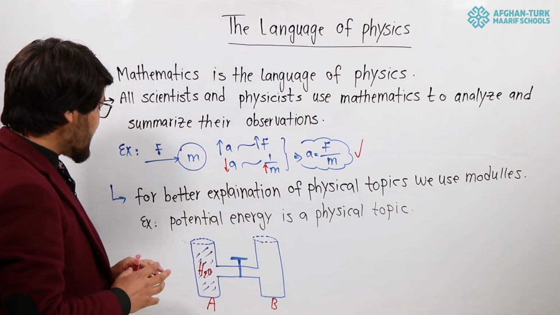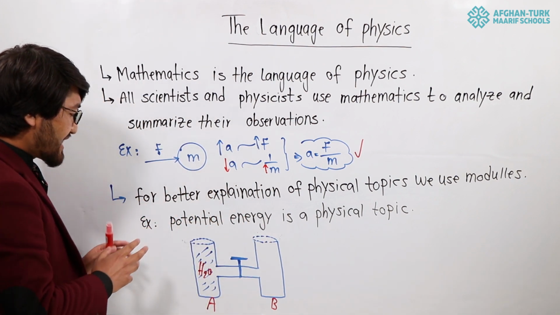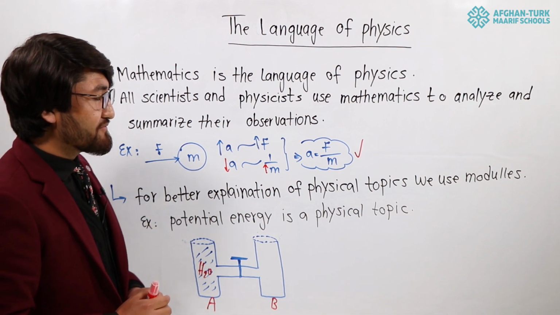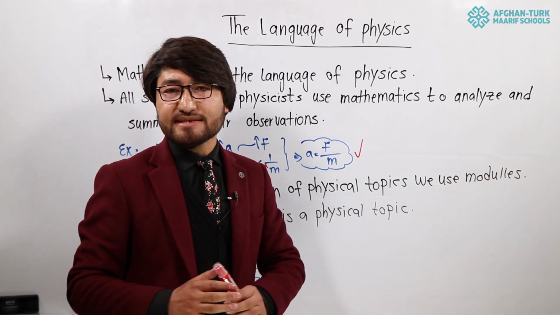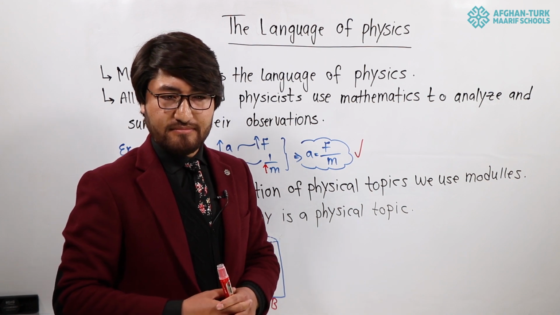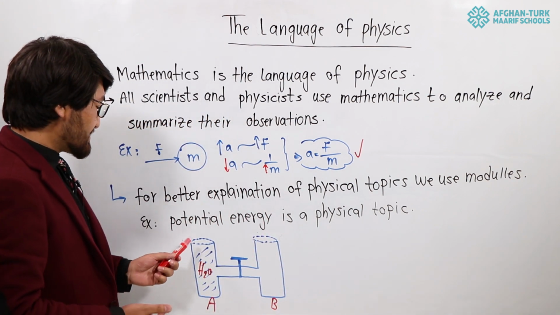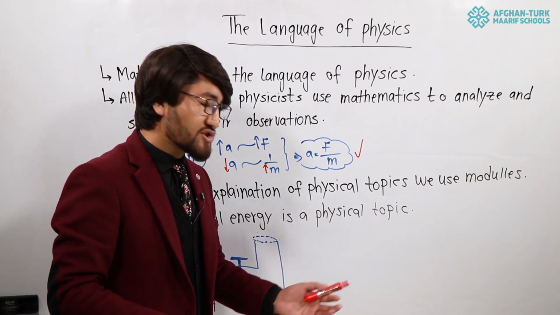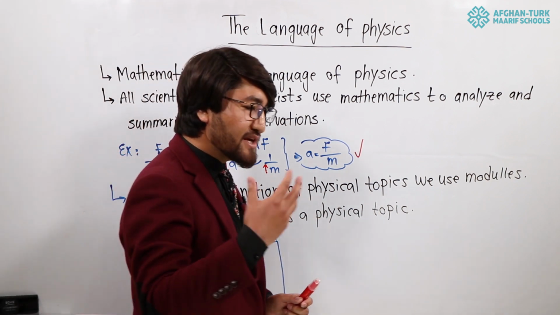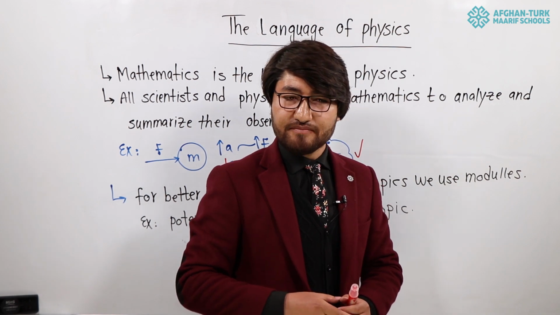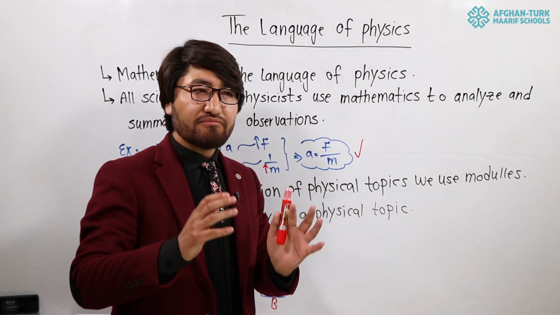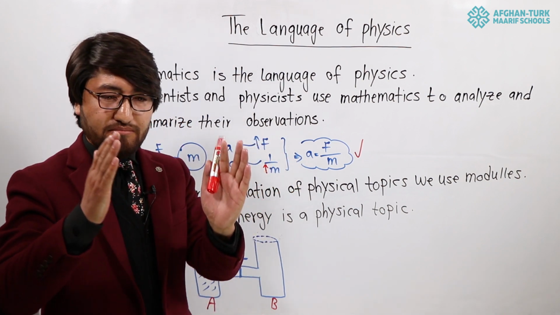Okay, I will tell you another very important point. For better explanation of physical topics, we use models. Look at the board. Potential energy is a physical topic. When I explain what potential energy is, for better understanding, I draw a model.